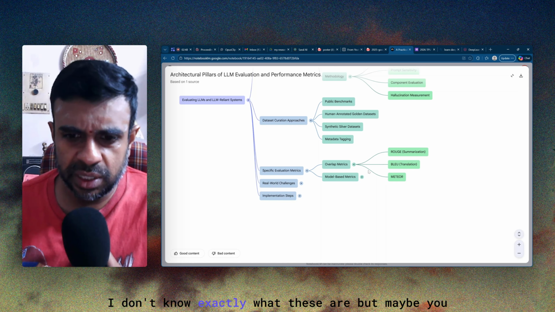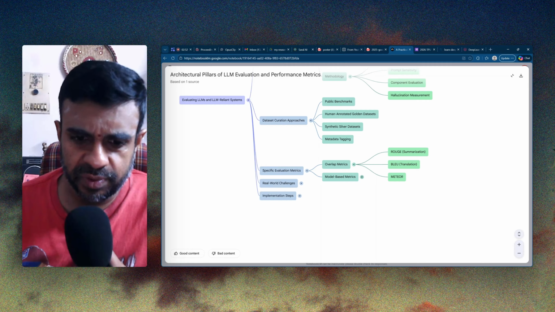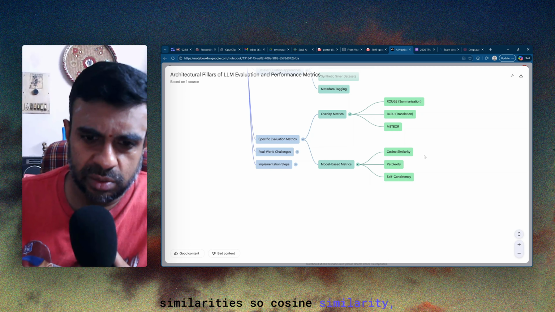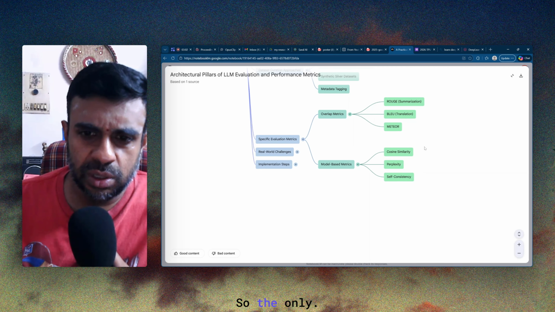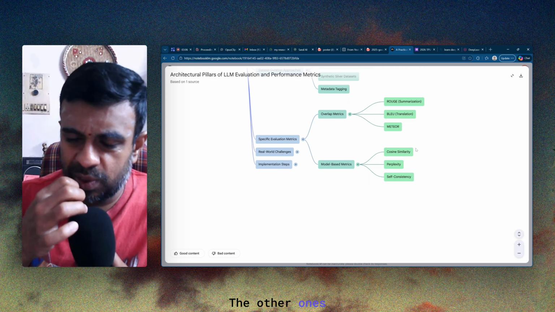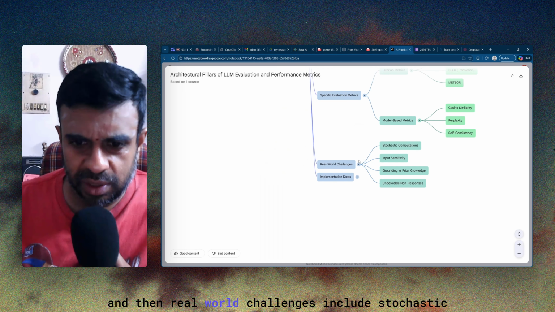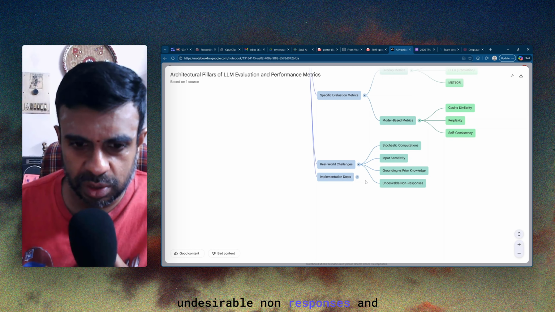I don't know exactly what these are, but maybe you can figure it out from the paper if needed. These are also similarities: cosine similarity, perplexity, and self-consistency. The only one I'm familiar with is cosine similarity, and the others I'm not fully familiar with. And then real-world challenges include stochastic computation, sensitivity, grounding versus prior knowledge, and undesirable non-responses.